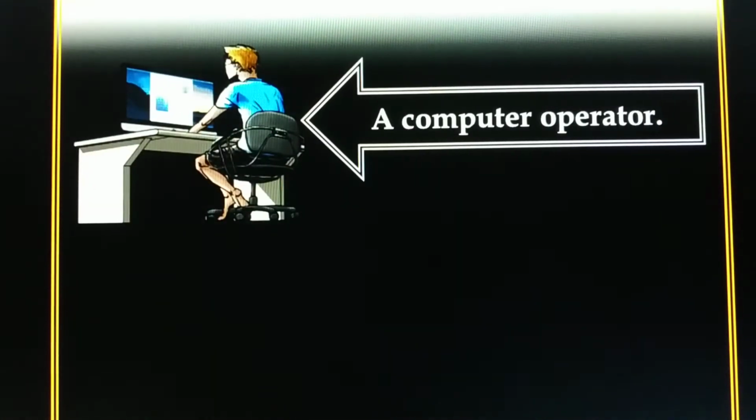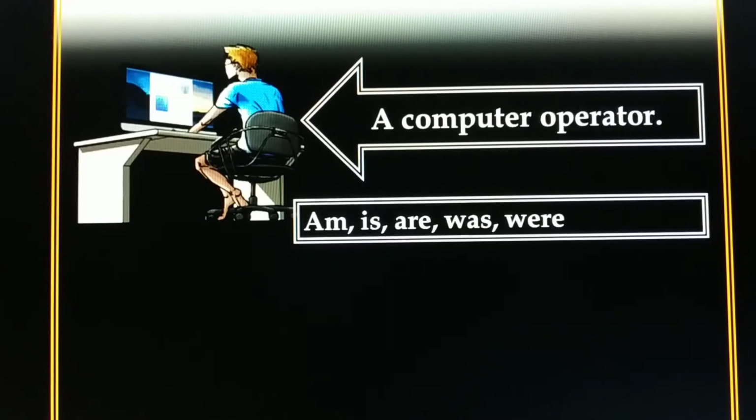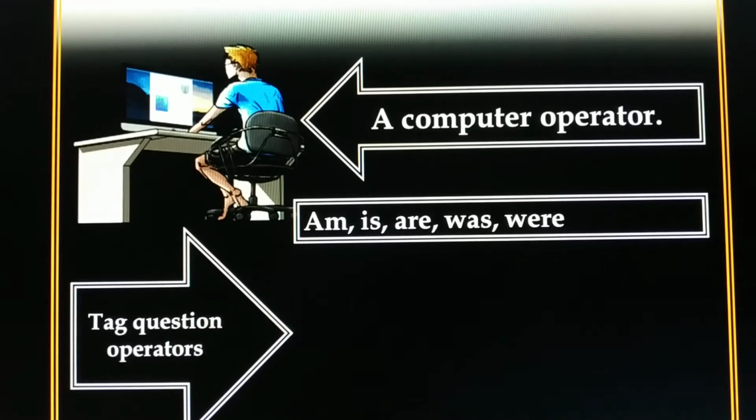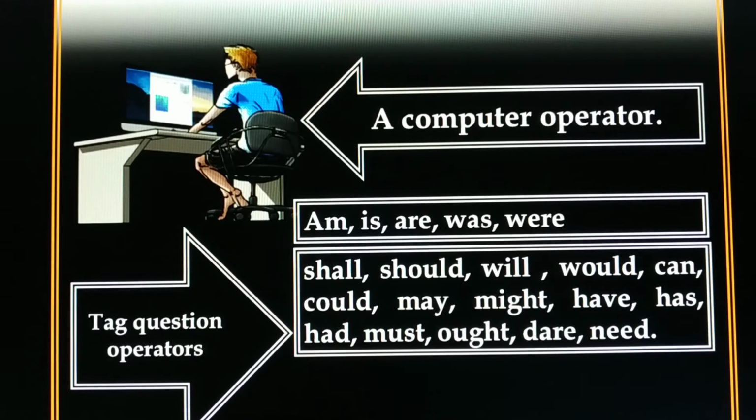So, look at the screen. Tag question operators are: am, is, are, was, were, shall, should, will, would, can, could, may, might, have, has, had, must, ought, dare, need.